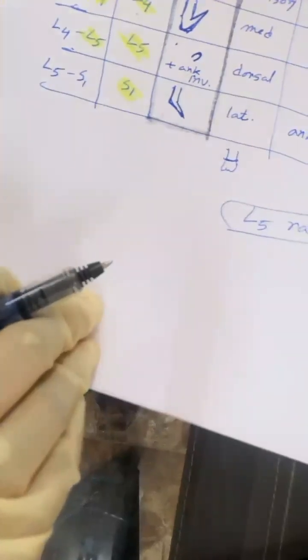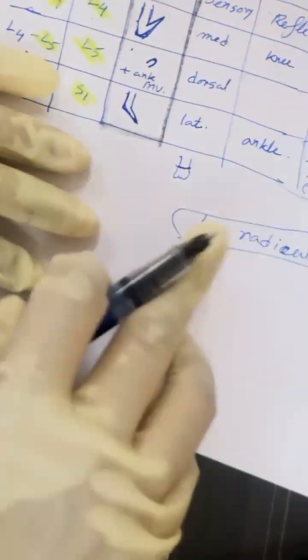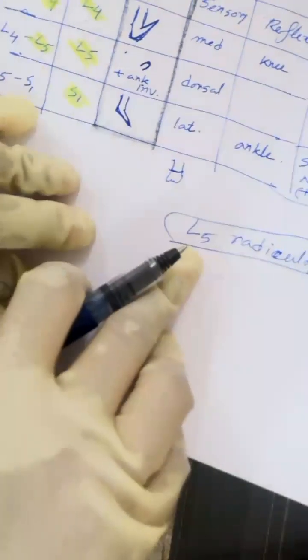And why I'm saying dermatome is not helping: the questions I got sometimes with sensory, it's not helping, because for the foot they give the sensory involvement so vaguely, and it is very difficult to localize the dermatome, so they will not give you the specific. But motor, yes, they will give you the specific thing. So L5 radiculopathy means, as I told you, what is L5 doing?